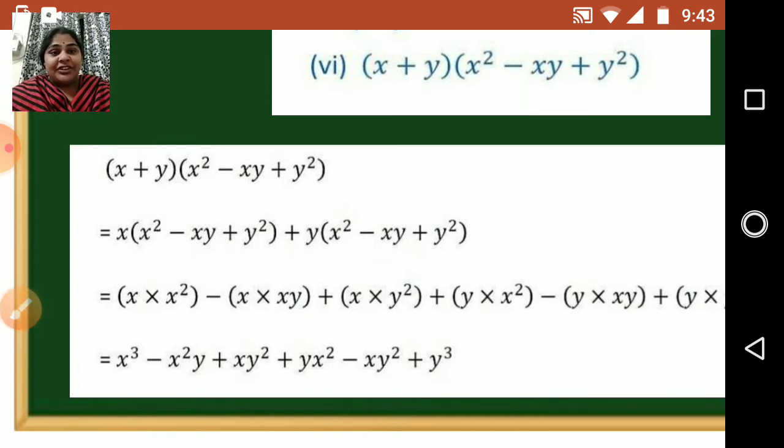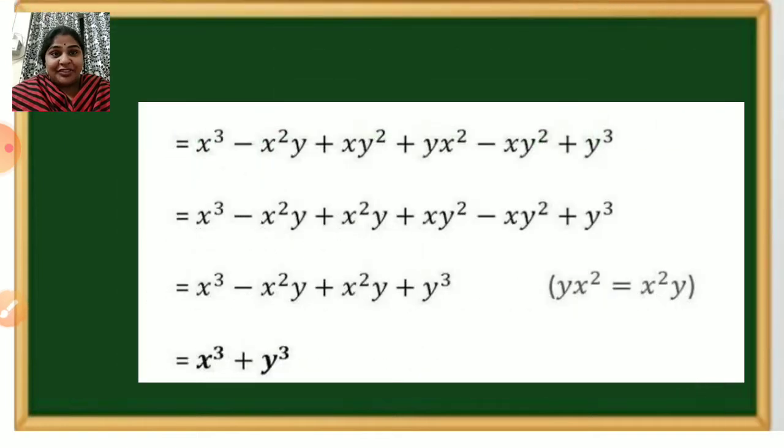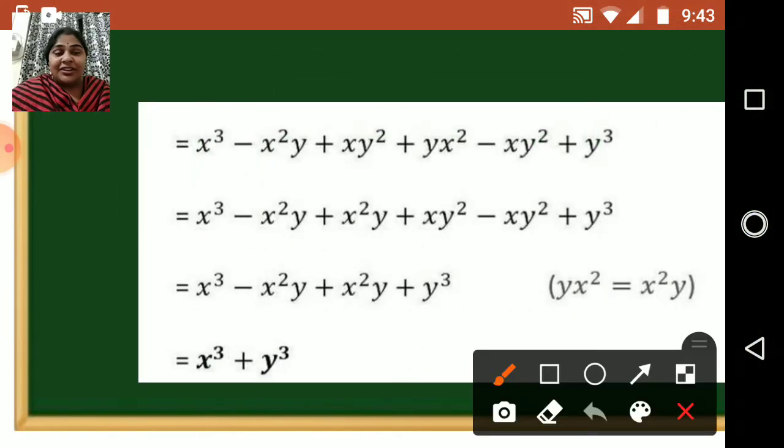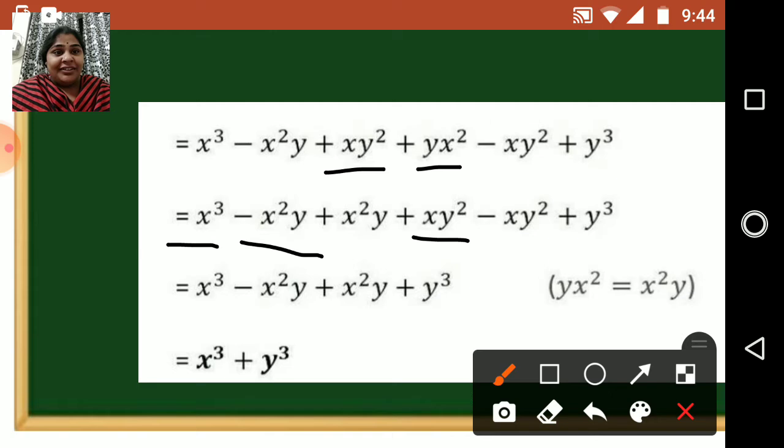Now further we are going to simplify it. Now here, whichever there are like terms you can simplify further, add or subtract. Now you can see here x cube minus x square y, xy square, children, and yx square and minus xy square.